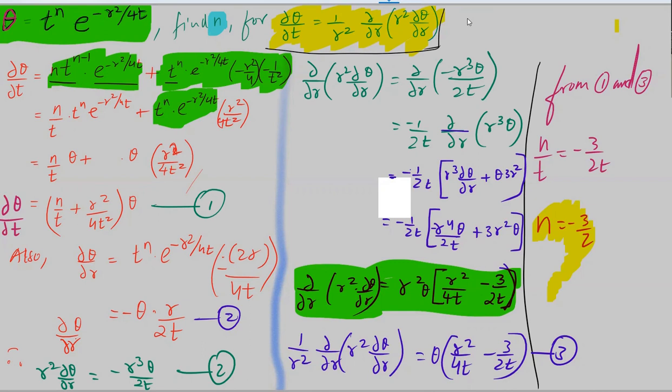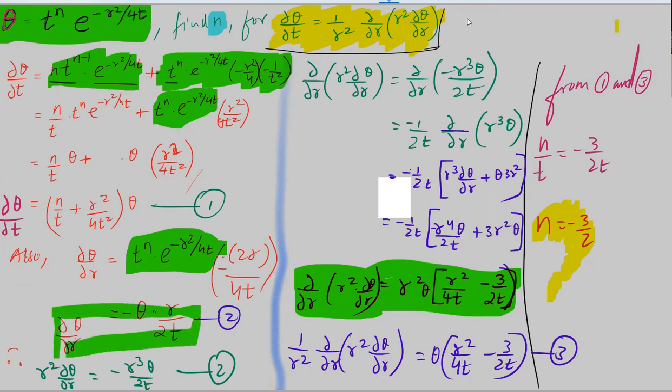Derivative of r square is 2r. So again, this value t raised to n into e power r square upon 4t is theta. And 2 and 4 got cancelled. Minus into minus, minus into plus will be minus. That's why this term remains as minus sign. We got d theta by dr as minus r theta upon 2t. So I have marked this as equation 2 in blue color.